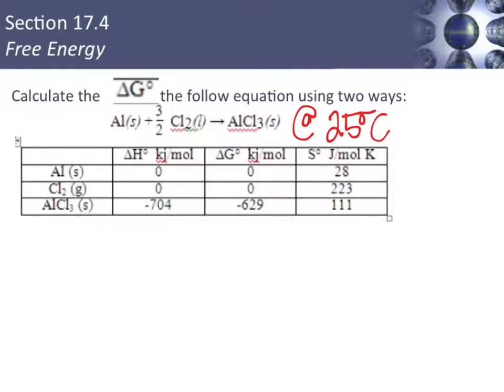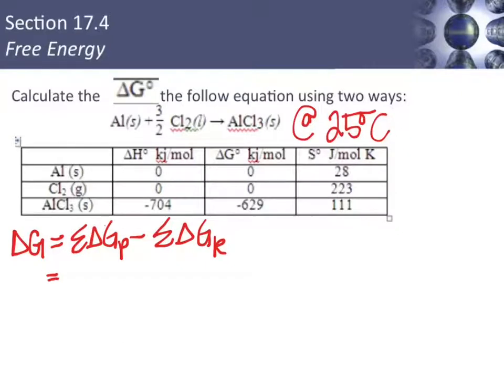So the first way we're going to solve it is using Big Mama. So we're just going to take delta G, and we're going to subtract the sum of the products minus the sum of the reactants.